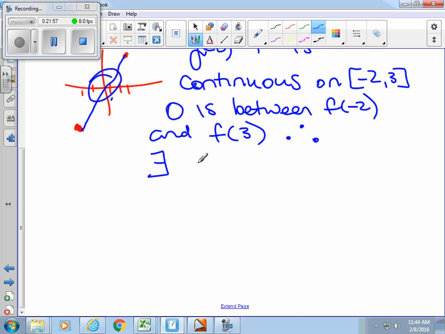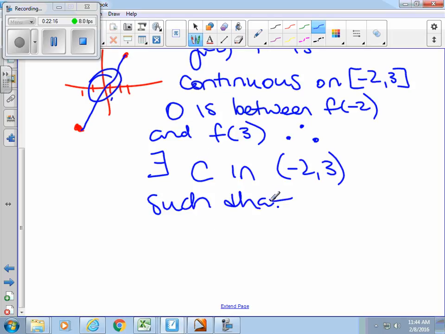Therefore, there exists a number c in the interval -2 to 3 such that, sometimes they'll use "s.t." I'm easing you in.